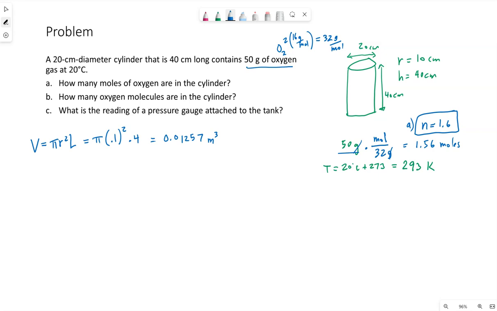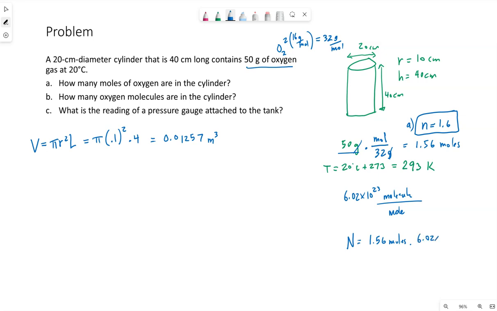Part B, if we have moles, then we can get molecules as well. And that is by way of Avogadro's number. Avogadro's number is 6.02 times 10 to the 23rd basic particles, in this case a molecule of gas, per mole. So since I know I'm going to keep the unrounded number, I'm going to use that.